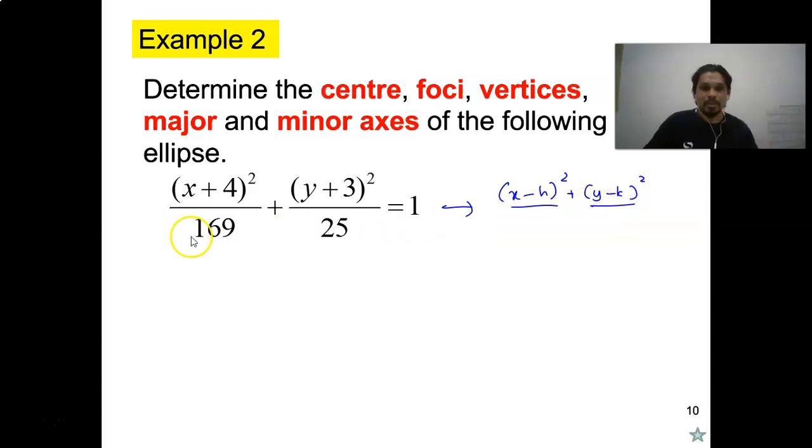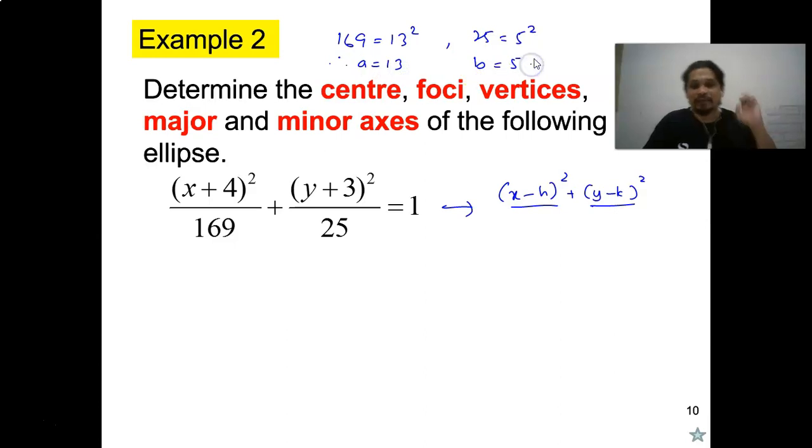According to this one, this is 169. I think that is 13 squared, right? The square root of 169 equals 13, yes. 169 equals 13 squared, and 25 equals 5 squared. So then a equals 13 and b equals 5.